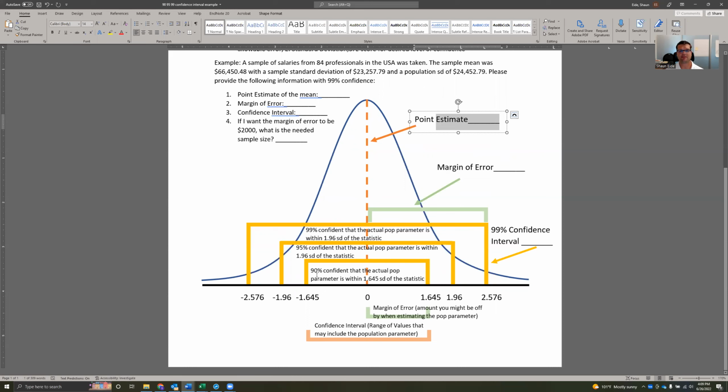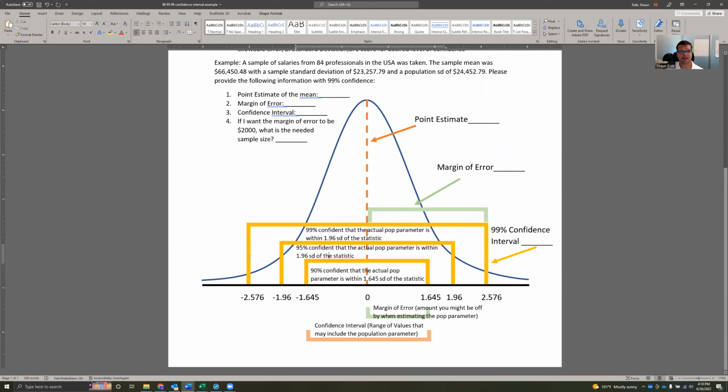Well, I can be 90% confident that the actual population mean is within this range. You notice right here, from here to here, that's negative 1.645 up to 1.645 standard deviations below and above the mean. So I am 90% confident that the actual population mean falls within this range. I am 95% confident that the population parameter actually falls within this range.